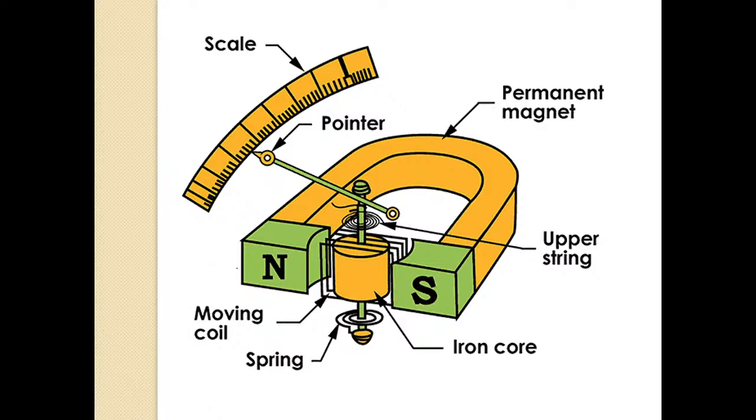And the magnet that is used here is in the shape of a horseshoe. If you observe here, this whole U-shaped structure is the shape of the horseshoe. So the permanent magnet used in the PMMC instrument, permanent magnet moving coil instrument, is in the shape of a horseshoe.